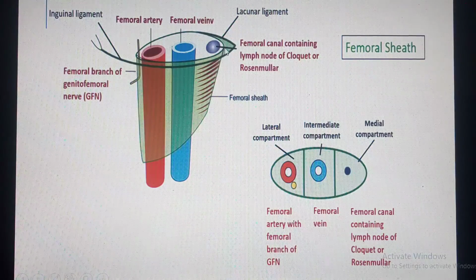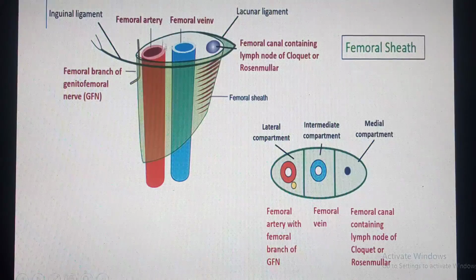The medial portion is shorter, and it also moves obliquely, inferomedially, because the artery is going to be lateral, and the vein is going to be medial. So that is one thing that we are going to see.